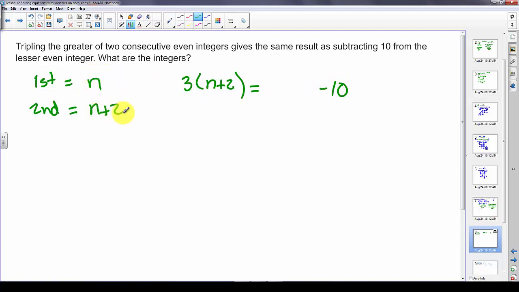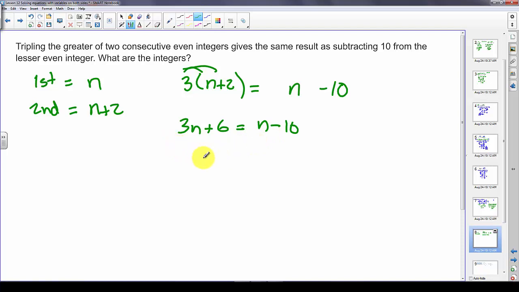Well, this is the smaller if this is the larger. So that's n. I have my equation. I can now distribute and say I have 3n plus 6 is equal to n minus 10.